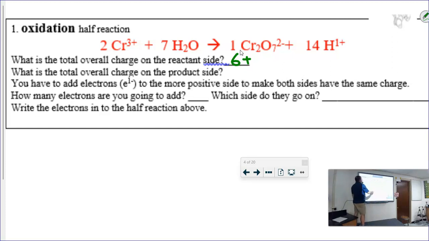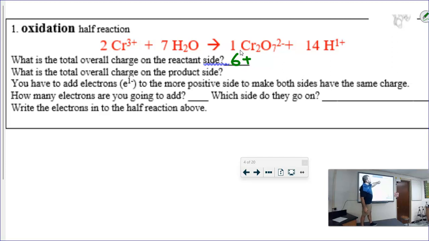On the product side, my total charge, again, I have to look at what I have. I have this dichromate. You don't need to know the name, but it's a dichromate, and it's got a 2- charge. I just have 1 of those. But then I have 14 hydrogen ions. You have to account for those coefficients.